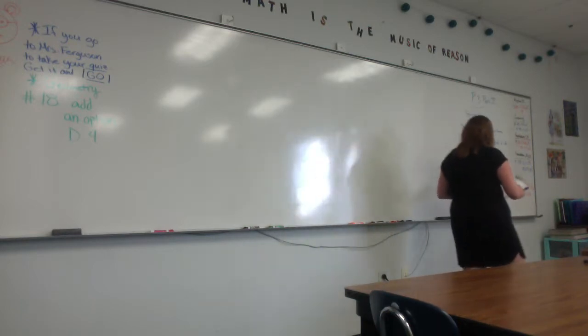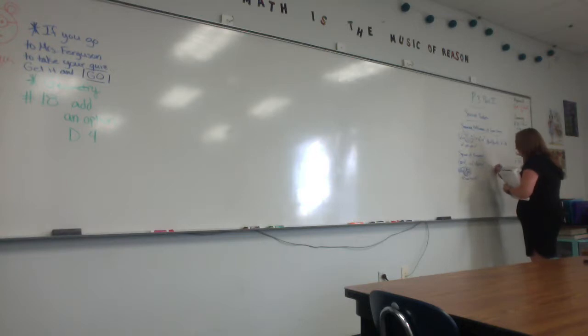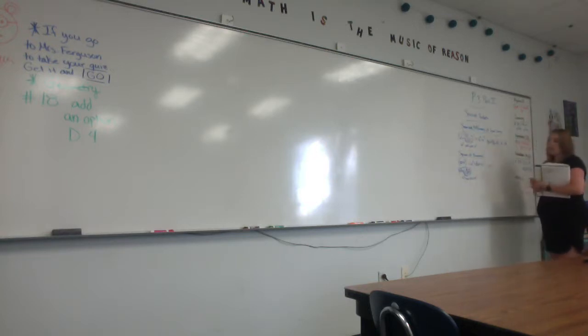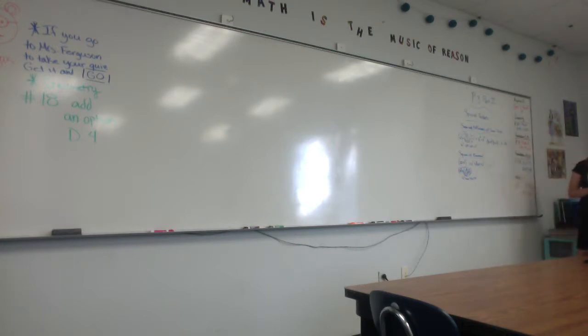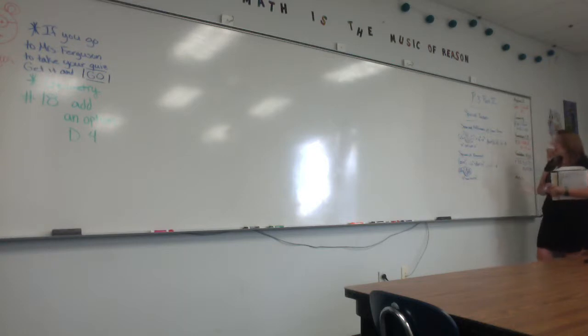If you did that with numbers, such as x plus 3 squared, what am I going to get for my first term? If I have x plus 3 squared, what do I get for that? X squared.